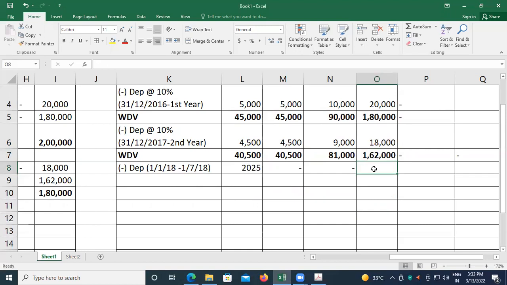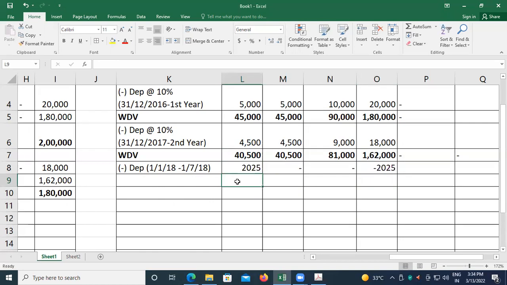From this 1,62,000, if you deduct 2025, since it's a depreciation, the value should come down. So I will just put 2025 in a bracket here, which is nothing but minus. So now let us calculate the value of the asset here. The first part of the asset is 40,500 minus 2025.